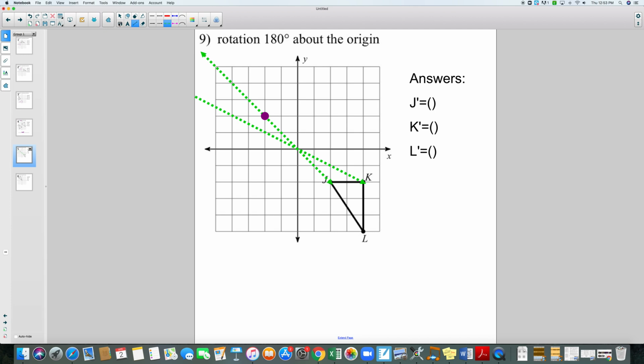I can see that K here, K prime here. Take the line again, and let's do L. If I do L and go through the axis point, I can see that L prime would be right there.